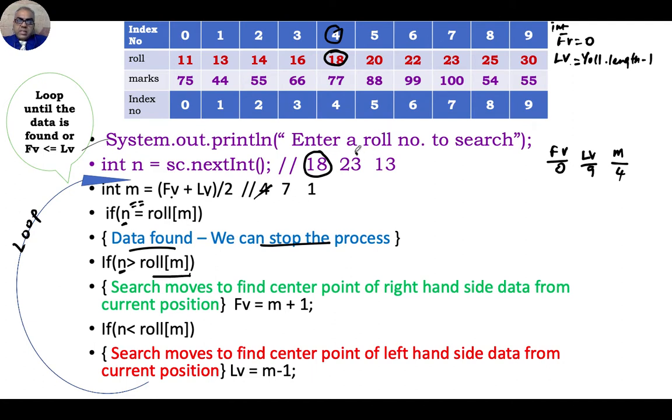So let us again begin the process with input 23. Again the computer will start, FV is 0, LV is 9, 0 plus 9 divided by 2 is 4, my M is 4. Now we take 23. Is 23 equal to row of 4, which is 18? False. Is 23 greater than row of 4, which is 18?